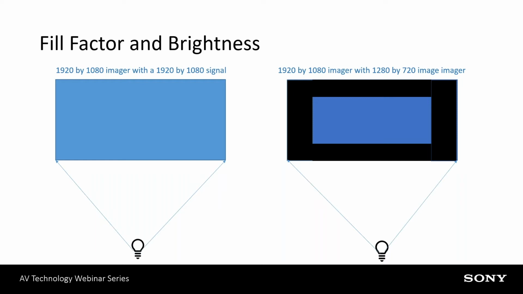If I do what's known as a direct pixel map, and feed a 1920 by 1080 imager a 1280 by 720 image, I'm not necessarily filling the entire panel. The problem is the light is still filling the entire panel, so that dark area is all wasted light. So the same projector will not be quite as bright when you do a direct pixel map, and that should be considered as well.